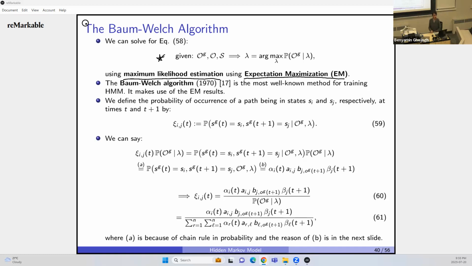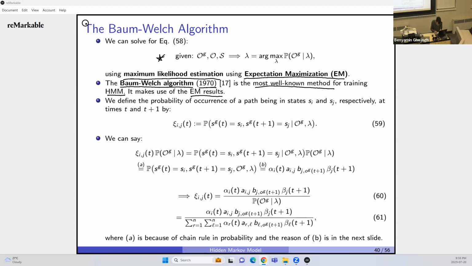One of the algorithms for training HMM is called the Baum-Welch algorithm, proposed in 1970. That is the most important algorithm for hidden Markov models. It is the most well-known method for training HMM. There are other algorithms for training HMM as well, but this is the most well-known. It makes use of the expectation maximization results.